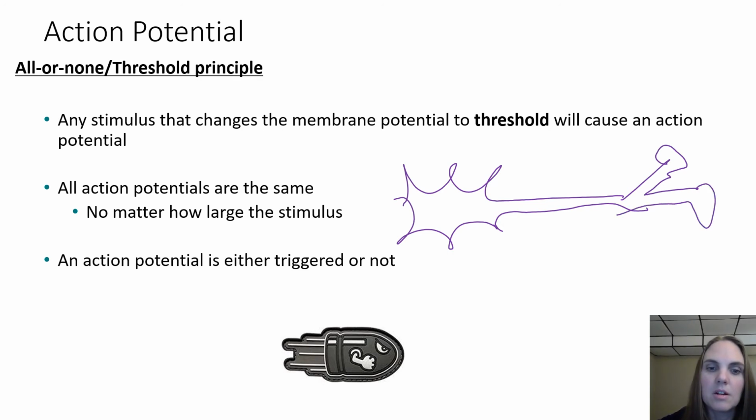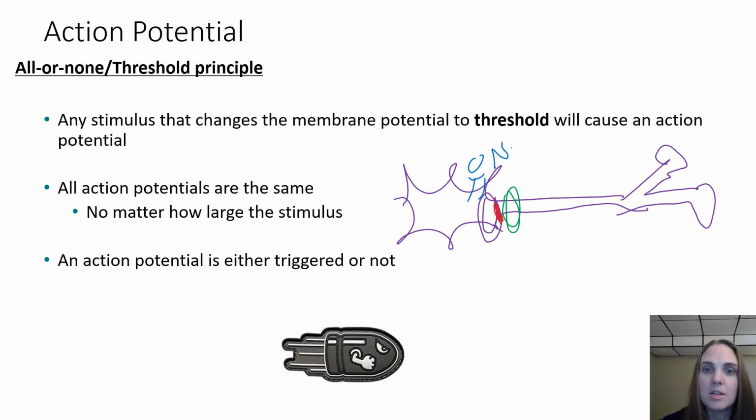So here is our trigger zone. We'll say this is our axon hillock, and this is our initial segment. And we have a channel here that can bind a ligand. So ligand binds that chemically gated channel, opens the channel.